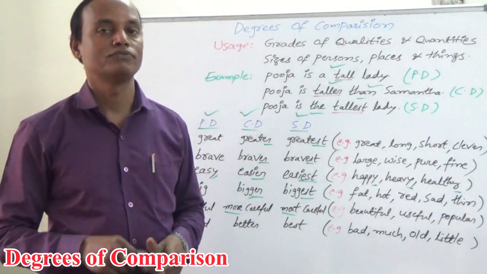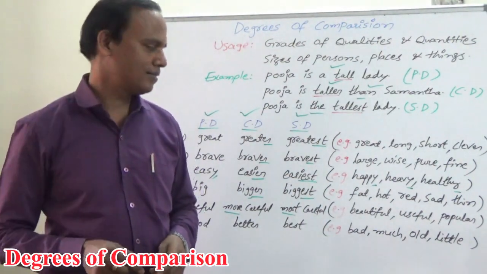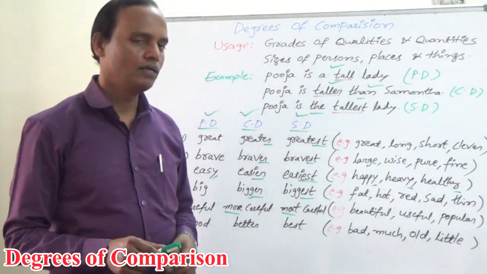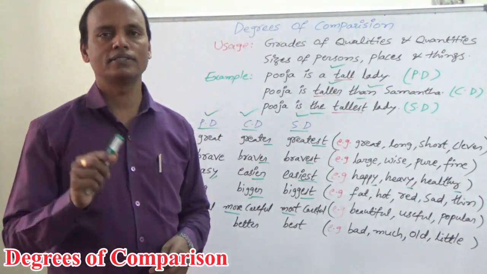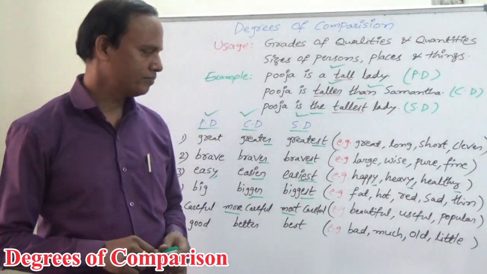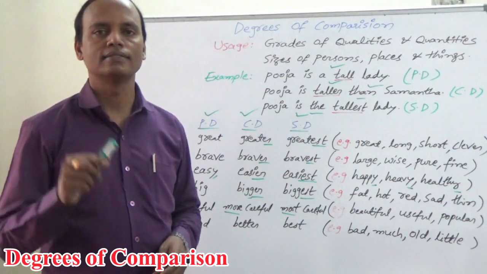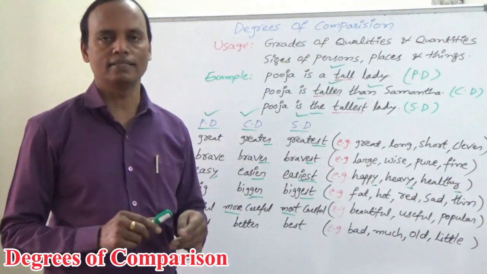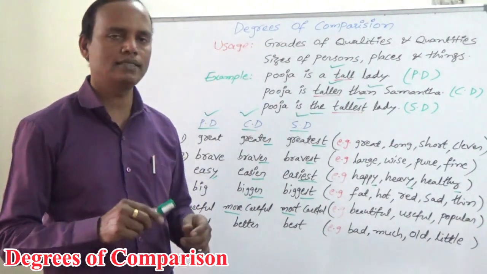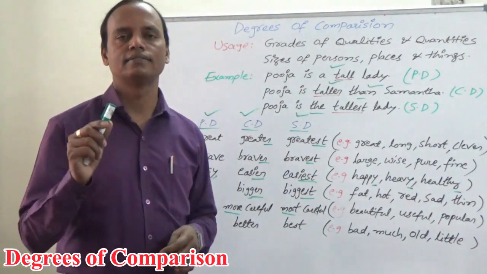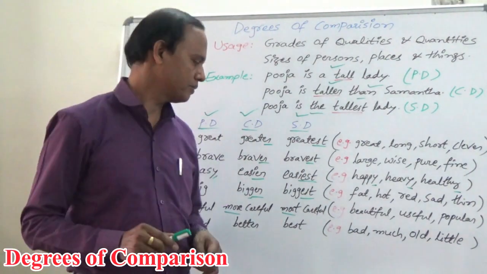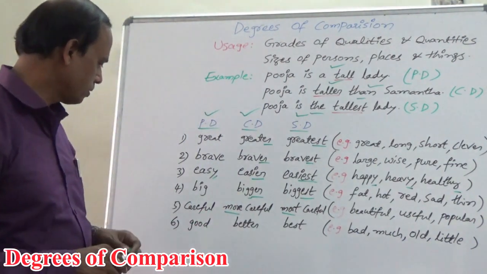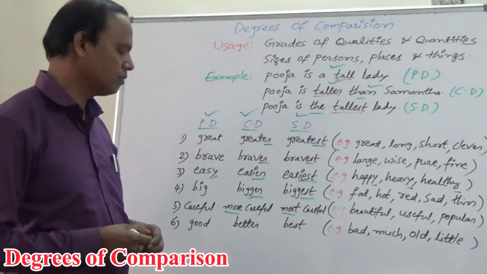Fat, fatter, fattest. Alright. Hot, hotter, hottest. Red, redder, reddest. Sad, sadder, saddest. Thin, thinner, thinnest. Alright. Now let's move to my fifth example.